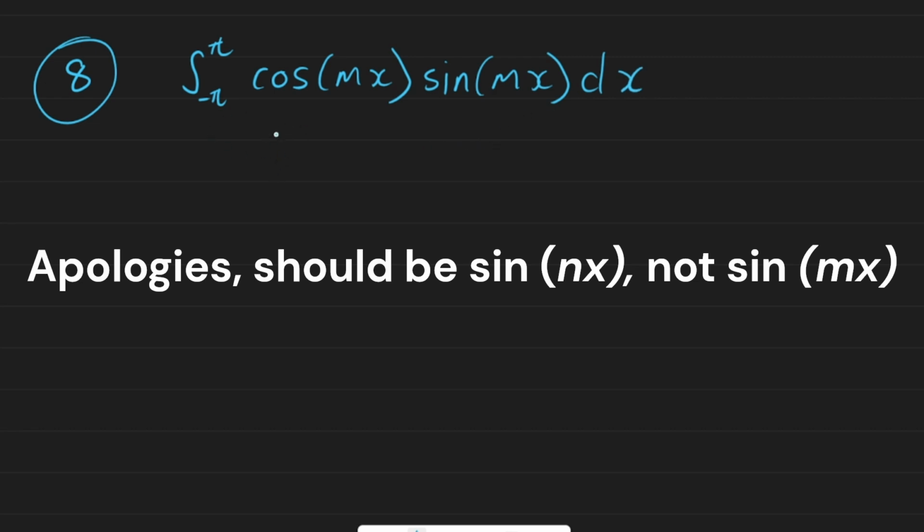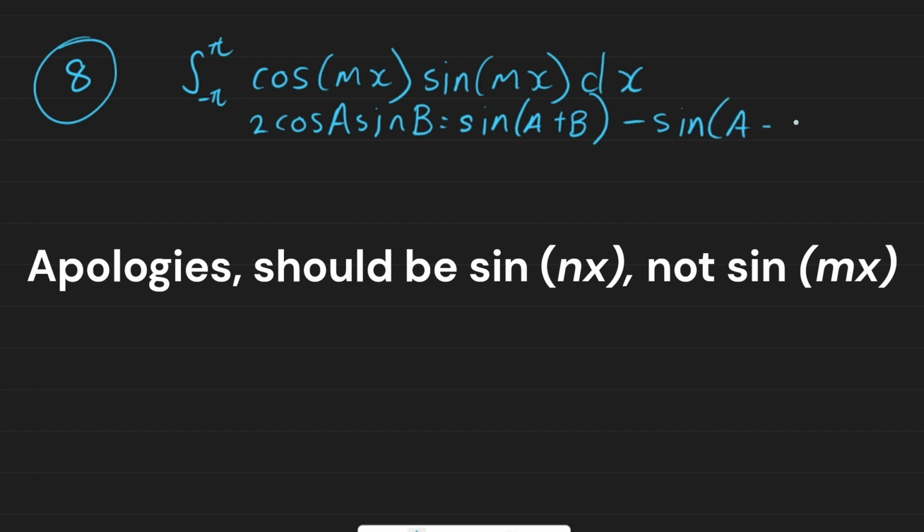For this one, we need the identity that 2 cos A sine B is equal to sine of A plus B minus sine of A minus B. And of course, we divide both sides by 2.